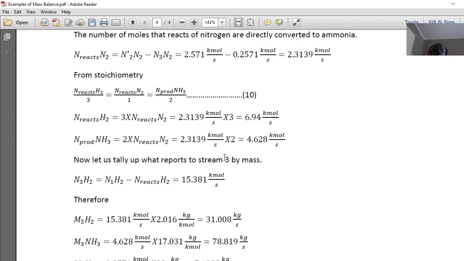First things first, the amount of hydrogen that's left and which is going to report to stream 3 will be N1 H2 minus N reacts H2, which will be 15.381. Therefore, now that we have everything, N3 hydrogen is 15.381. N produced, which is equal to N3 NH3, is 4.628.